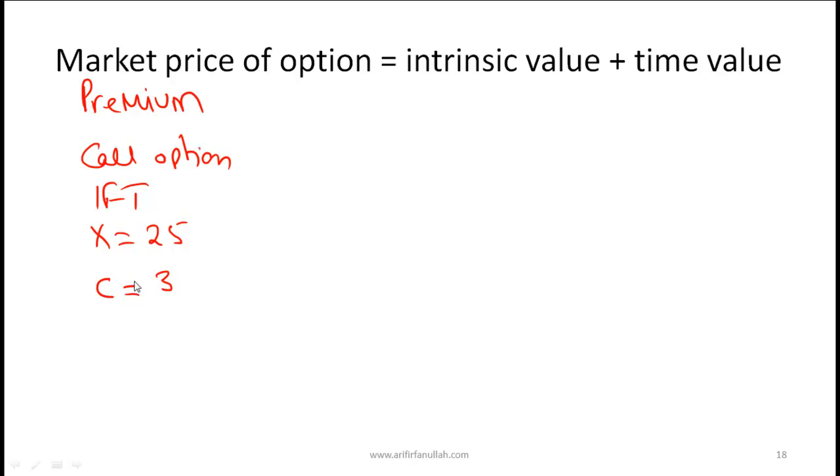So this means that in the market, this particular option, which gives the holder of the option the right to buy the underlying for $25, the value of that option is 3. So I'm using the term value or market price or premium all interchangeably.